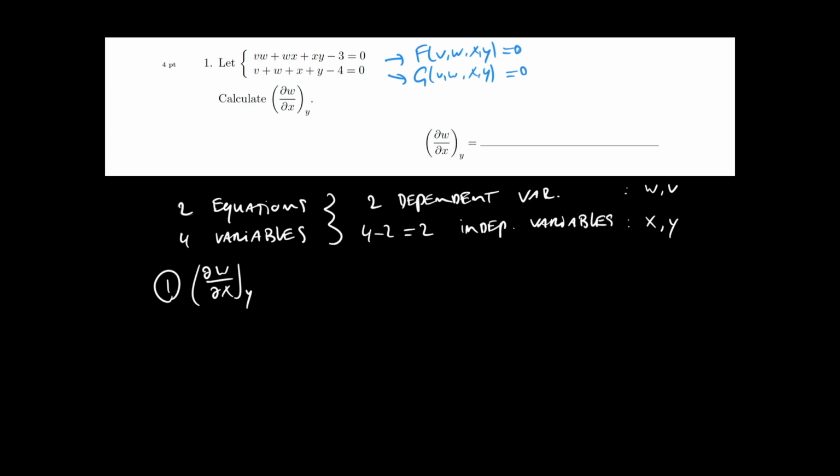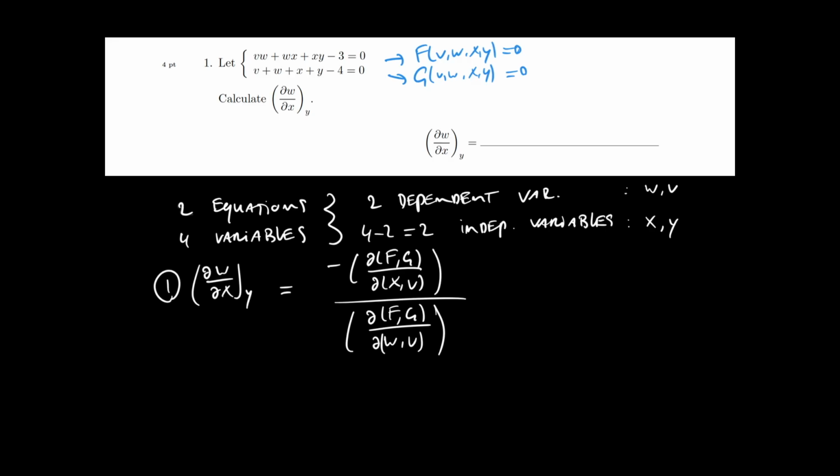So the standard formula, if you can memorize that one for this type of derivative involving 2 equations, is the following. It's the Jacobian where we differentiate f and g with respect to x and v, divided by the Jacobian of f and g with respect to w and v.